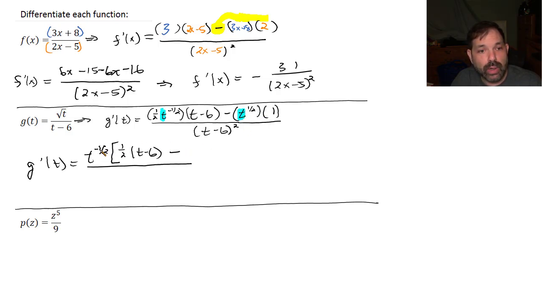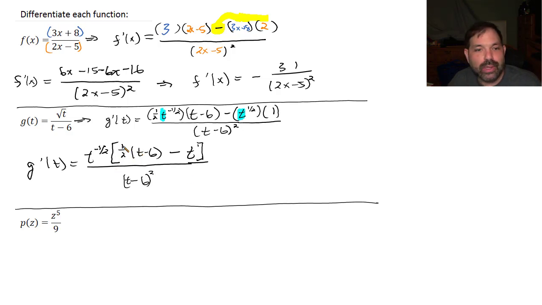Well, negative 1/2 plus 1 is 1/2, right? That's how exponents work. So I'd have t to the negative 1/2 times t to the first in the numerator, which would then give me the t to the 1/2. And then I've got a t minus 6 squared still in the denominator.